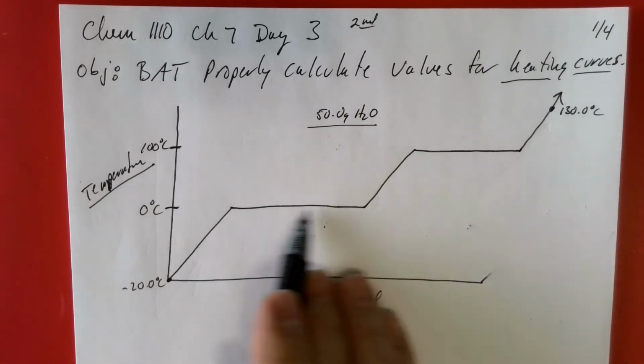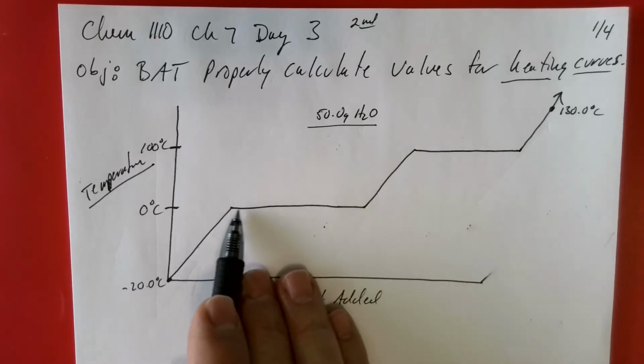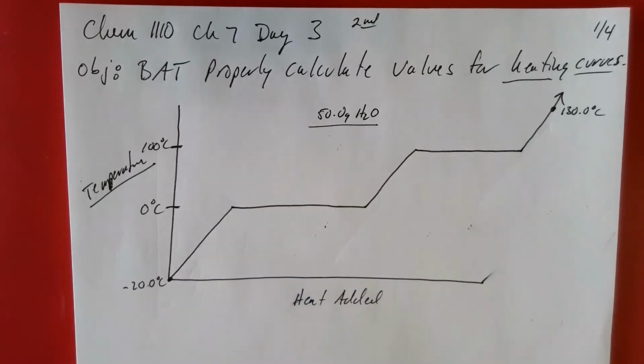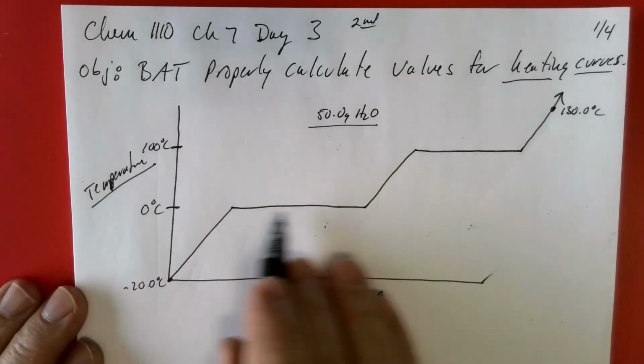Now here, why is this flat? Anybody know why this part of this graph is flat? It's a phase change, right? Which means you're not using the energy to heat up, you're using it to convert to a different state. Exactly. That's why there's no delta T here.